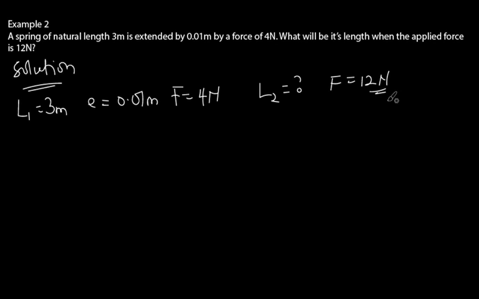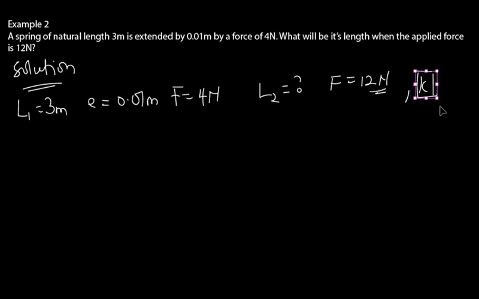Now one thing we need to take note of is that the constant of proportionality, that is the spring constant K, if it is for the same material, doesn't change whether the force applied is big or small, because it's a constant, it remains the same.